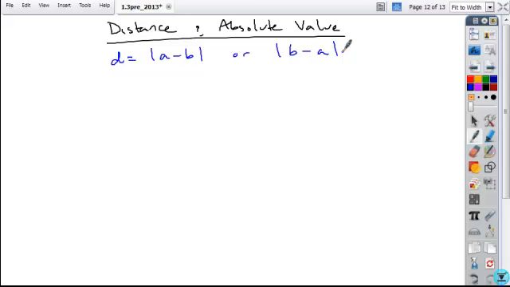Okay, and so this is going to be set up in two different types of questions. One set of questions, they're just going to ask you to evaluate or express it.